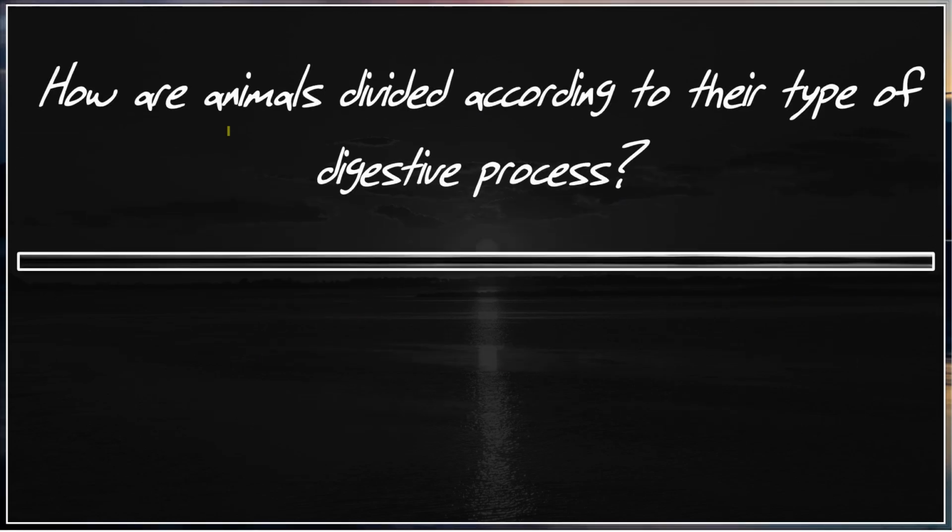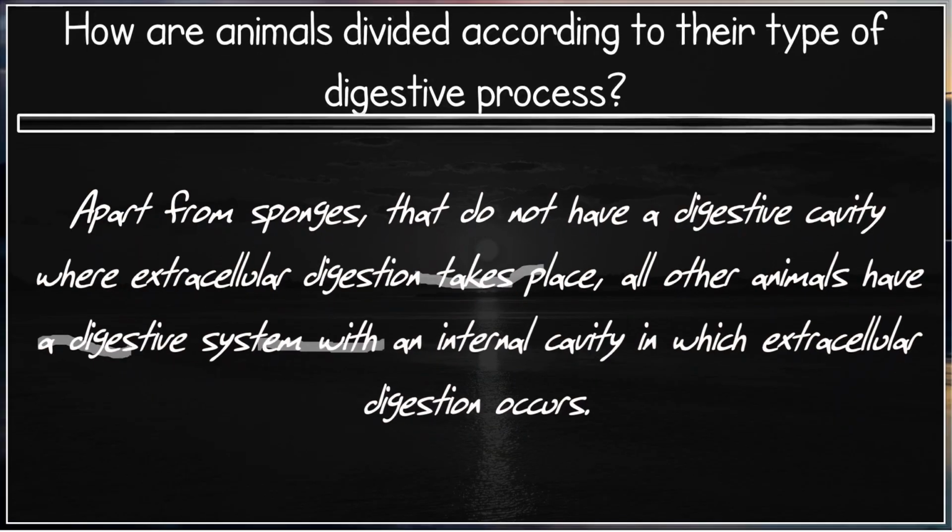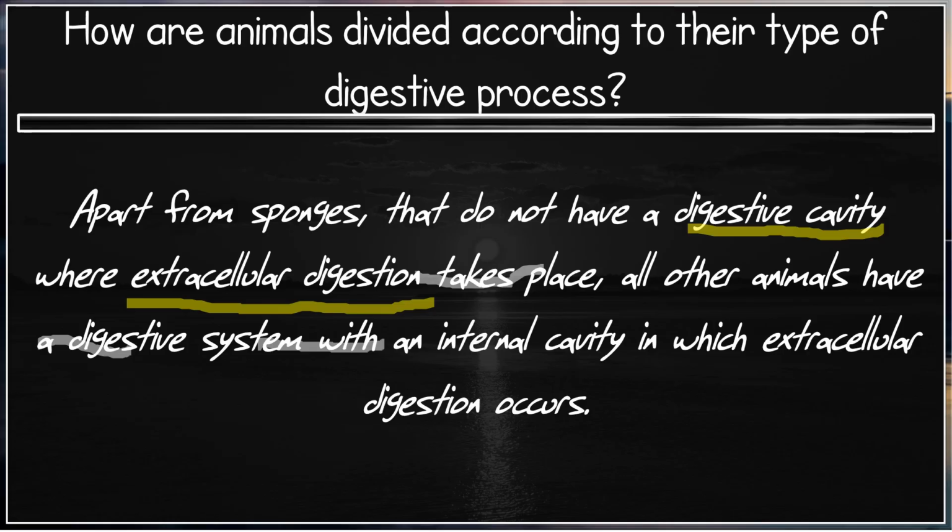How are animals divided according to their digestive processes? Apart from sponges, which do not have a digestive cavity where extracellular digestion takes place, all other animals have a digestive system with an internal cavity in which extracellular digestion occurs.